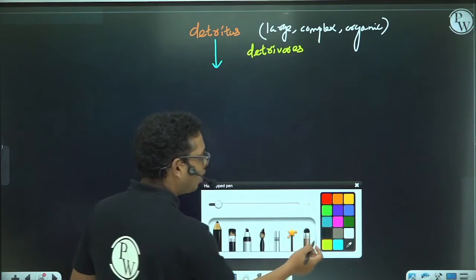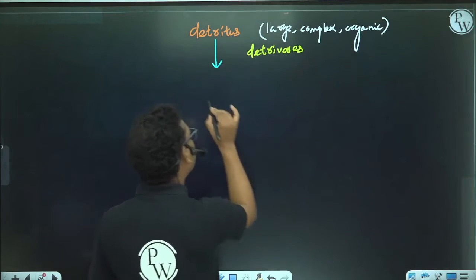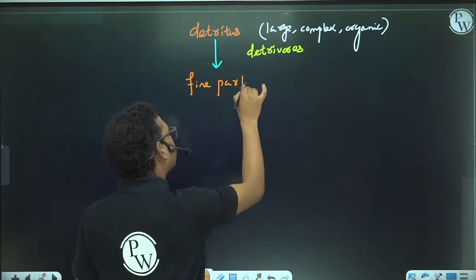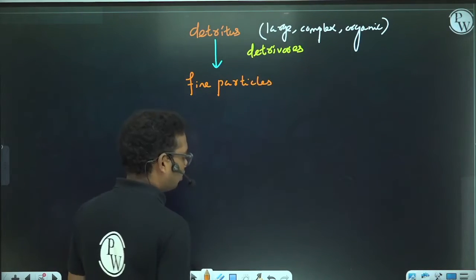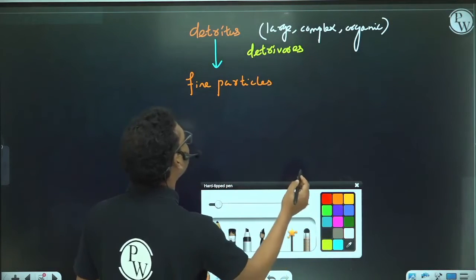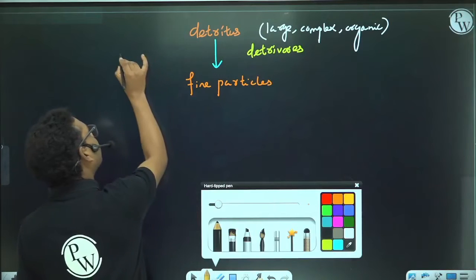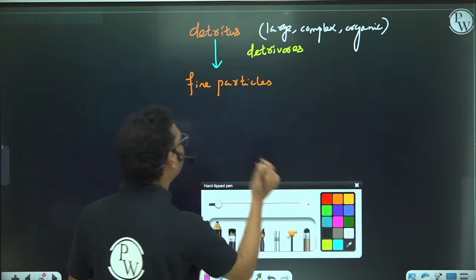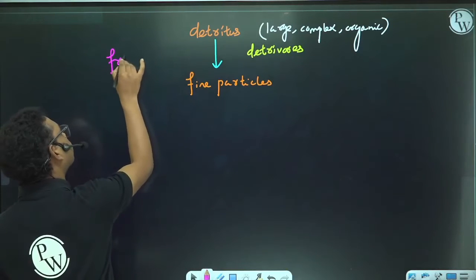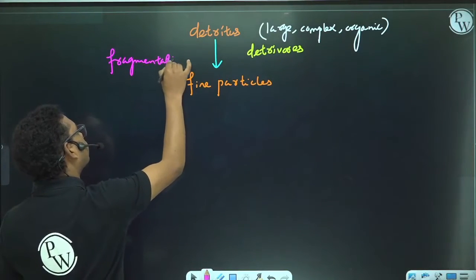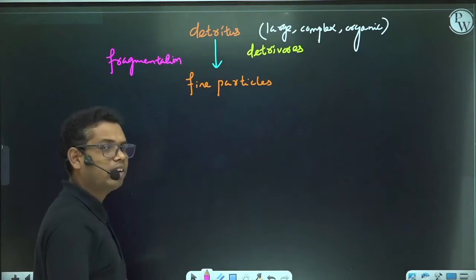The detritus will be converted into fine particles. What do you call this process? You call this process fragmentation.